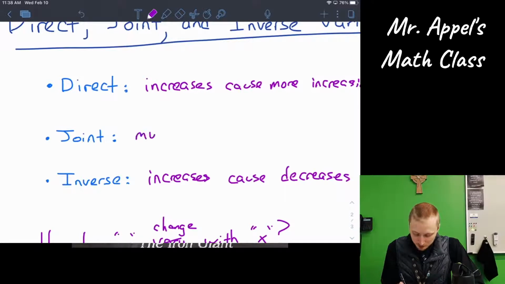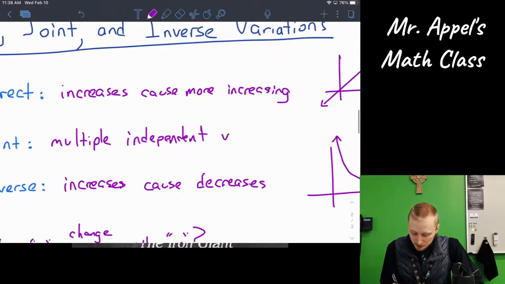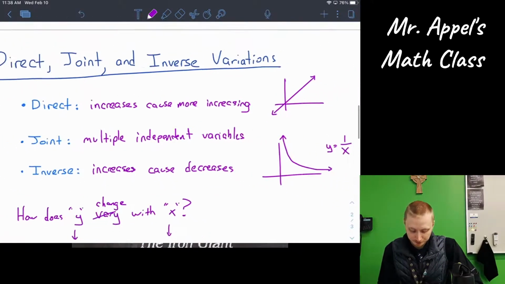There's multiple independent variables, right?